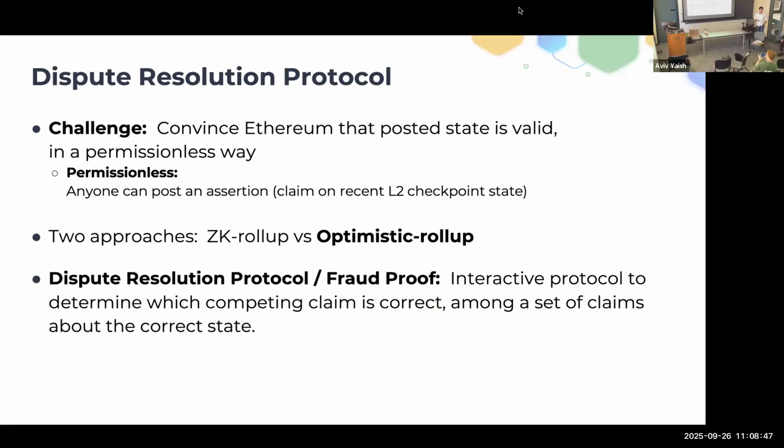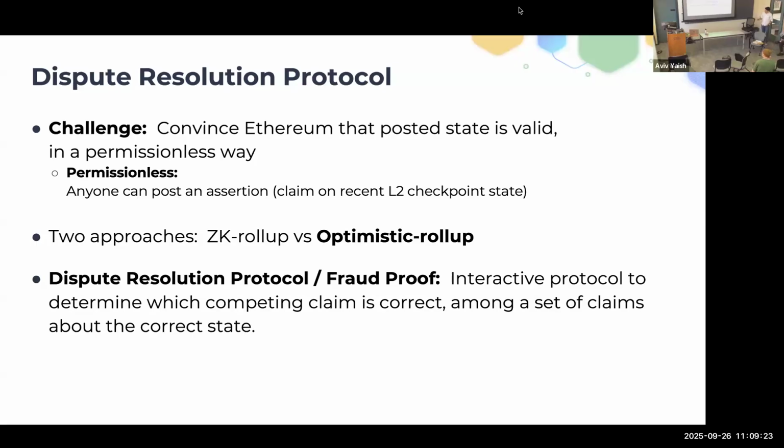Of course, the main challenge of such a system is how to convince Ethereum that it proceeded correctly without Ethereum executing by itself. Ideally, we want this to be doable in a permissionless way, meaning that everyone who wants to participate in this proving should be able to do it. There are 2 approaches. There is the ZK rollup approach, which we will not talk about, and there's the optimistic rollup, which Arbitrum falls into.